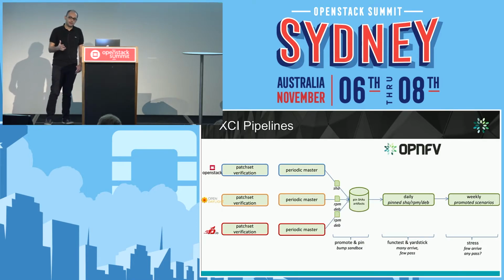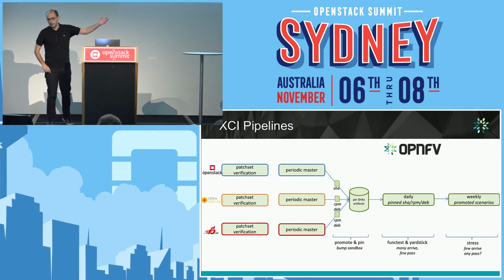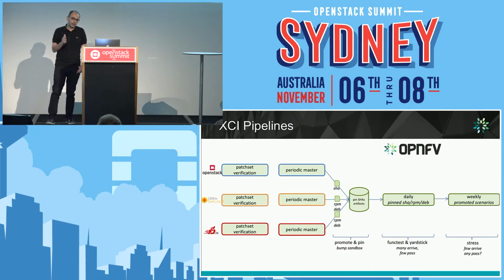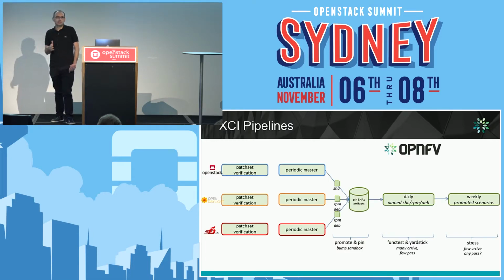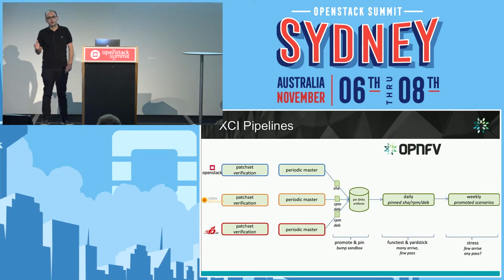Because the things we do on the left are cheaper because they can fail many times. But as you get further away from developers, things become more expensive and slower. So we try to put only the things that are worth putting on bare metal.